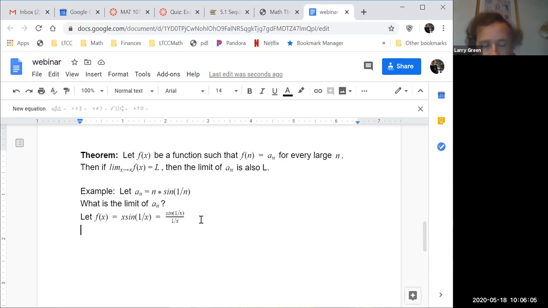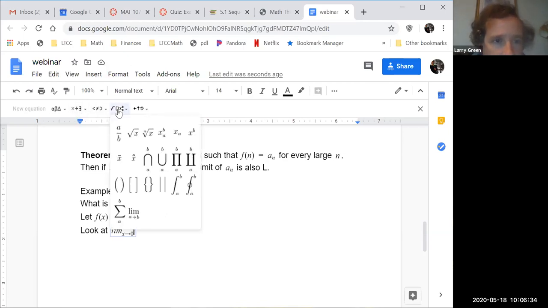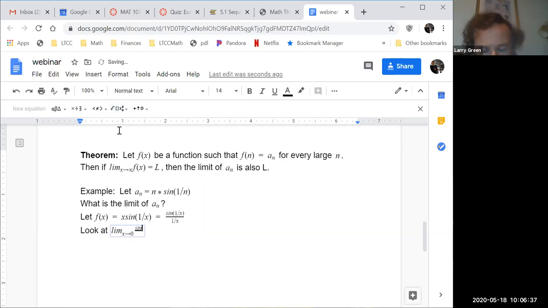Okay, well, the limit as x goes to infinity of this function is the same as the limit as x goes to 0 of sine x over x. Just a little substitution. Do y'all agree?